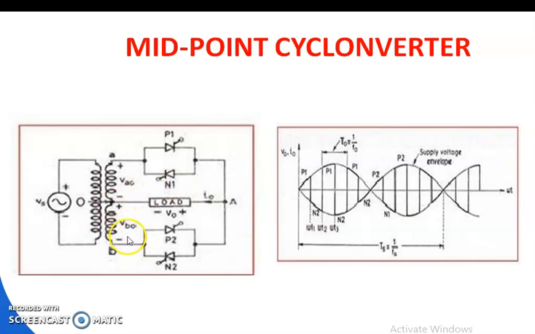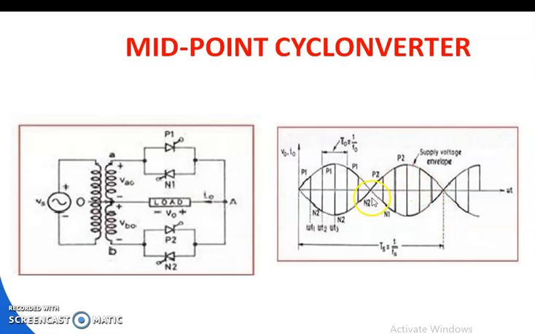In that case, the load current transfers from this thyristor to the other, that is, upper half of the secondary winding, load, N1, and back to the upper half of the secondary winding. In other words, AO, load, N1, AO. In this way, the current circulates following those loops.